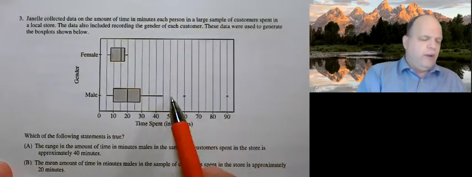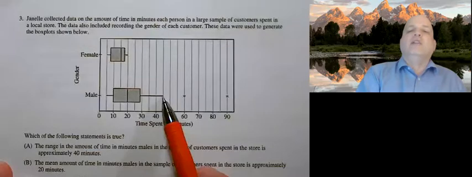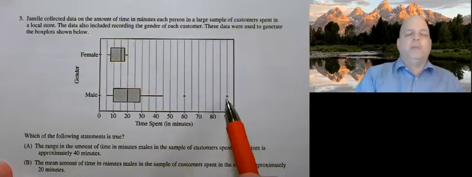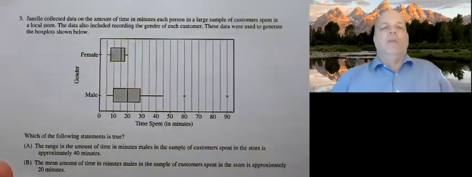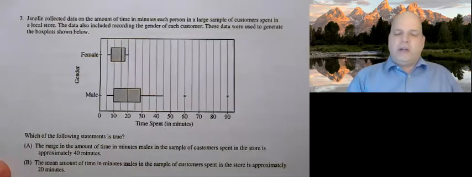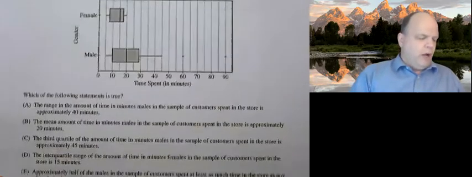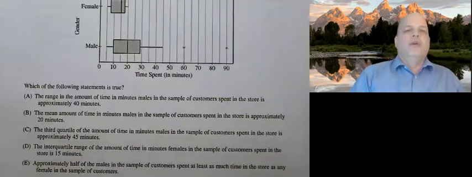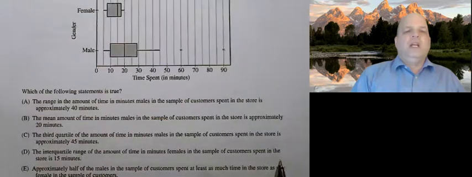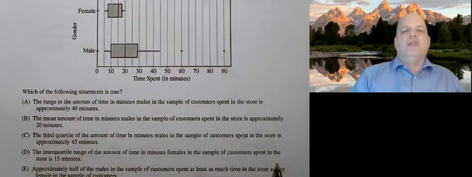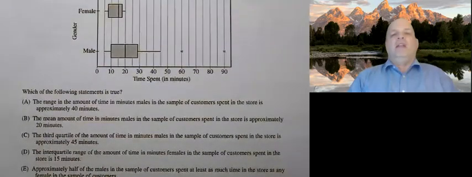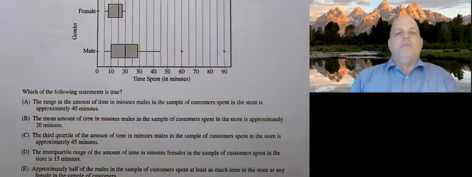So what is this value? This is the highest value that's not an outlier, but this is my maximum value. So the next thing, letter A. Which of the following statements is true? The range in the amount of time in minutes males in the sample of customers spent in the store is approximately 40 minutes.